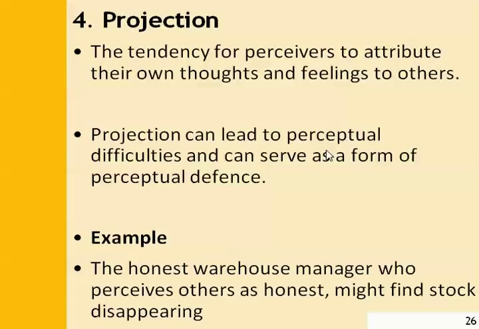Due to projection, which is a source of bias in perception, you will perceive others as honest too. هتعتبر إن كل الناس honest زيك. What will be the result of that is that you will find stock disappearing. هتلاقي إن الstock والinventories بتاعتك عمالة تختفي. طب ليه؟ عشان أنت عملت wrong perception of others based on حاجة اسمها projection.